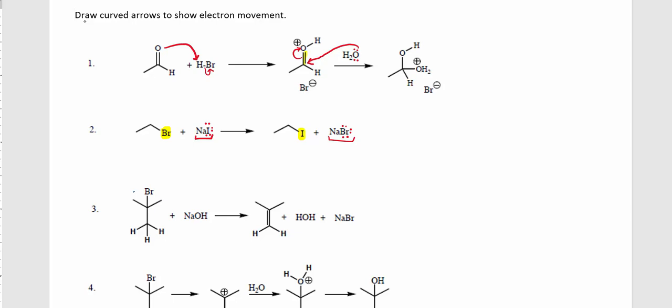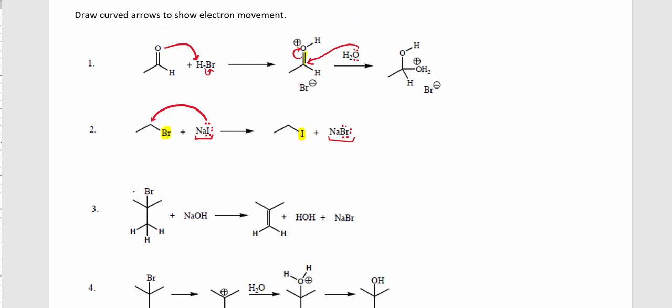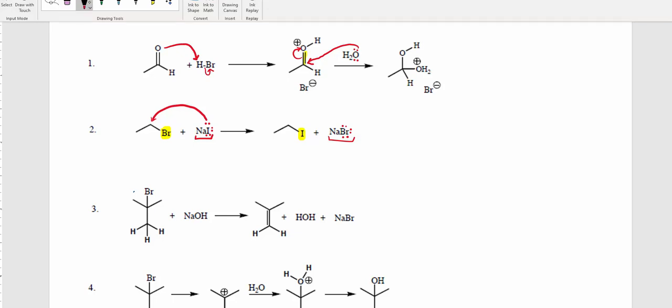So the iodine is going to come after this carbon. Remember, this is a polar bond. And because this is a polar bond that draws the electrons towards the bromine, that leaves the carbon to be partially positive. That partially positive carbon is our electrophile. So our iodine draws towards that carbon and makes a new bond.